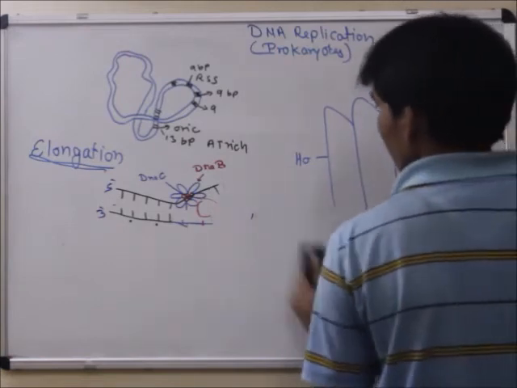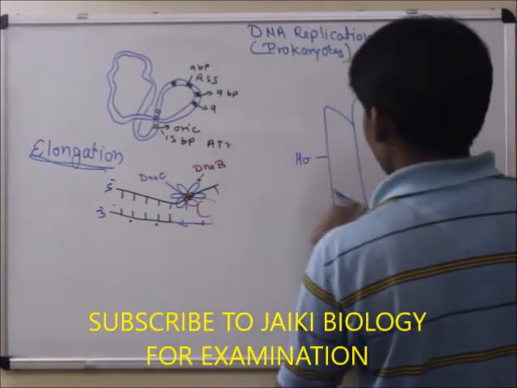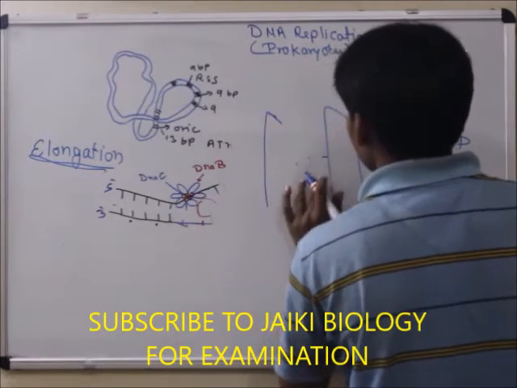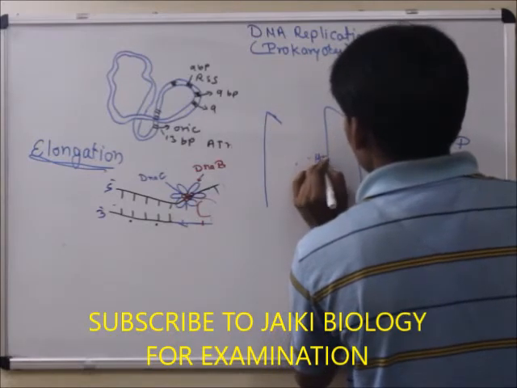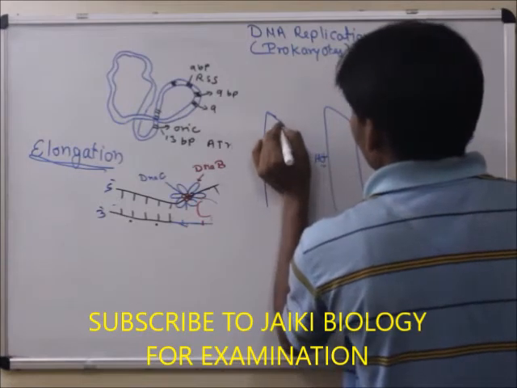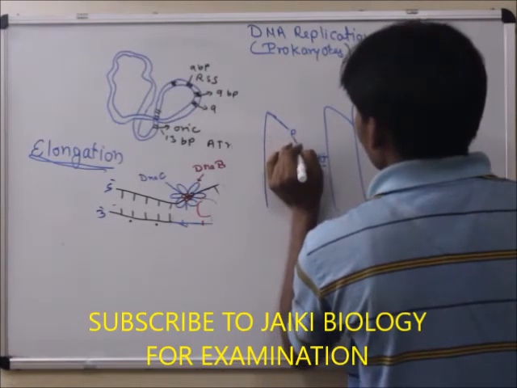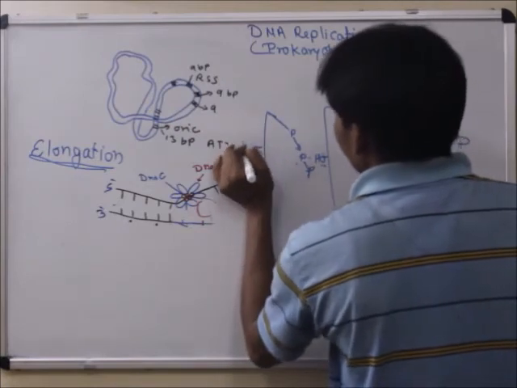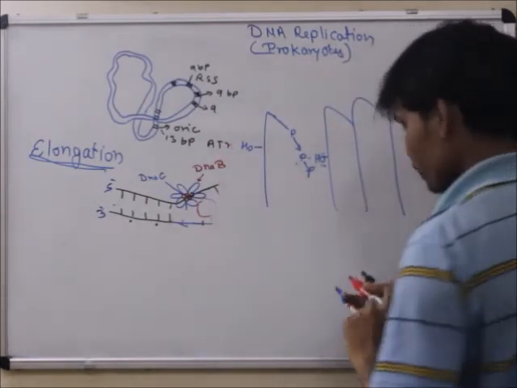So here, if one nucleotide becomes attached, this is the 5' phosphate and this is the 3' HO group.